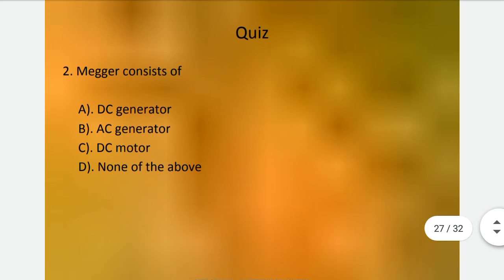Now coming to question 2. Megger consists of what? A. DC generator, B. AC generator, C. DC motor, and D. none of the above. We have already seen this in the construction.